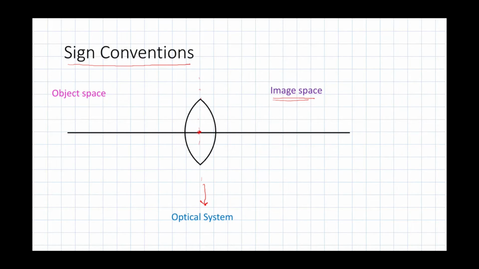Now here this is a principal plane, the point at which the optical axis cuts the principal plane is called the optical center. Now we can see that this is the optical axis, and this is basically the principal plane.